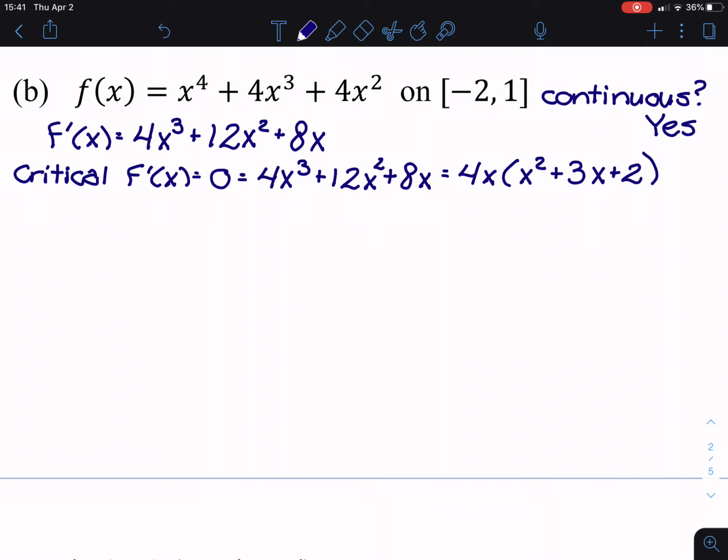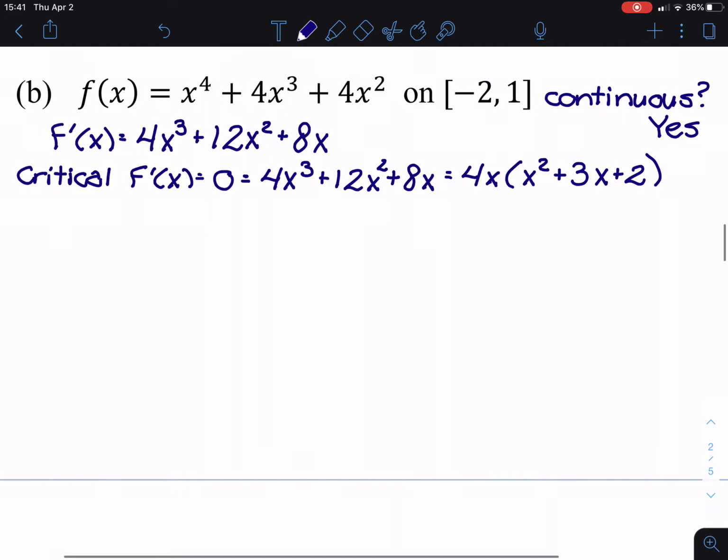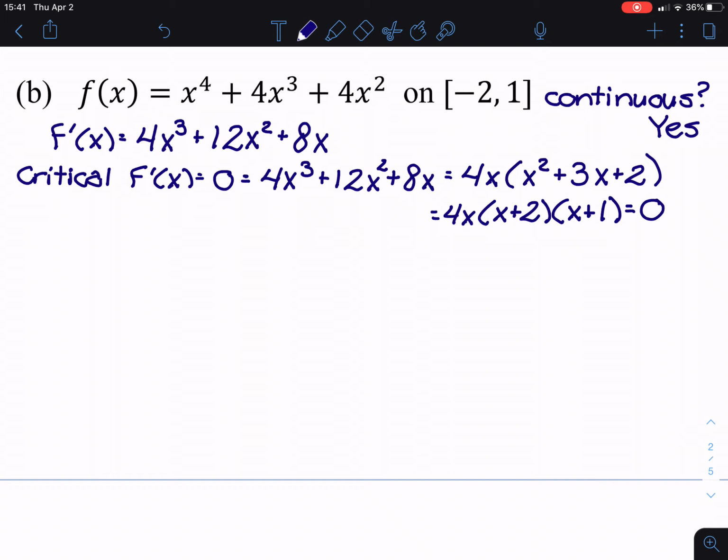Okay. And then furthermore, the x squared plus 3x plus 2 can be factored. So I have 4x times x plus 2 times x plus 1, and that is equal to 0. So my critical values are where x is equal to 0, x is equal to -2, and x is equal to -1.